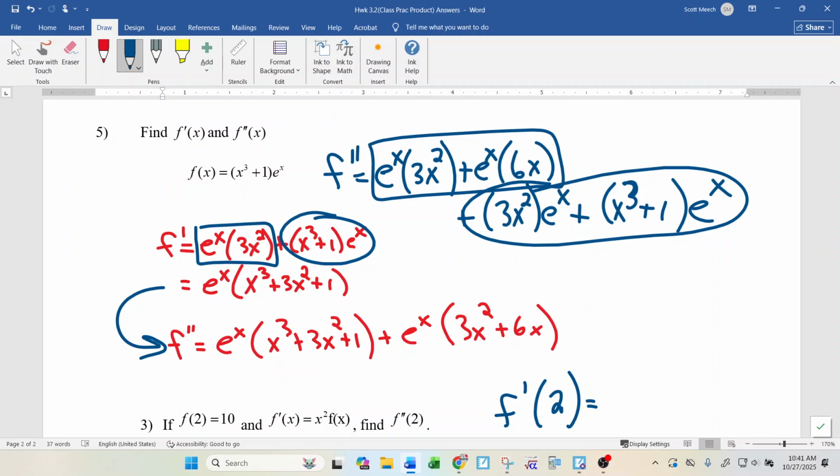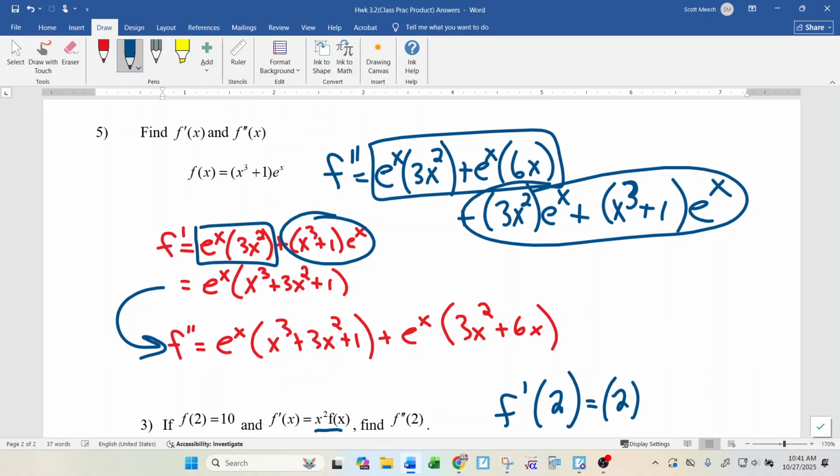Why? Because it's a constant. Well, f of 2 is equal to 10. So that means wherever the graph of f looks like, we don't know what f looks like. But when x is 2, the value is 10. Now, we know what f prime is equal to: x squared f of x.